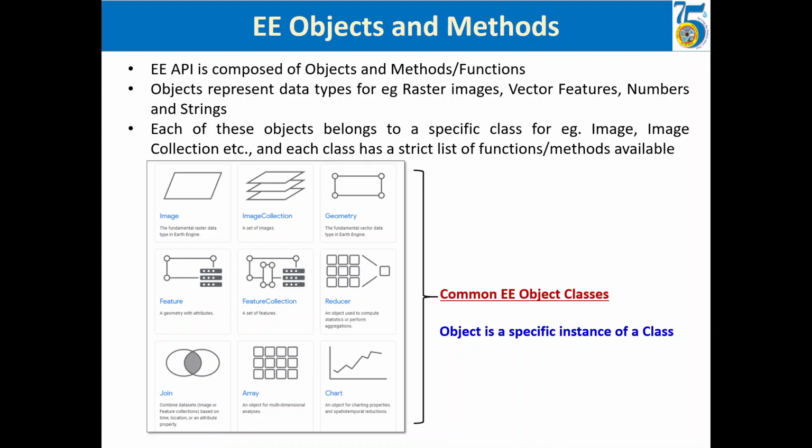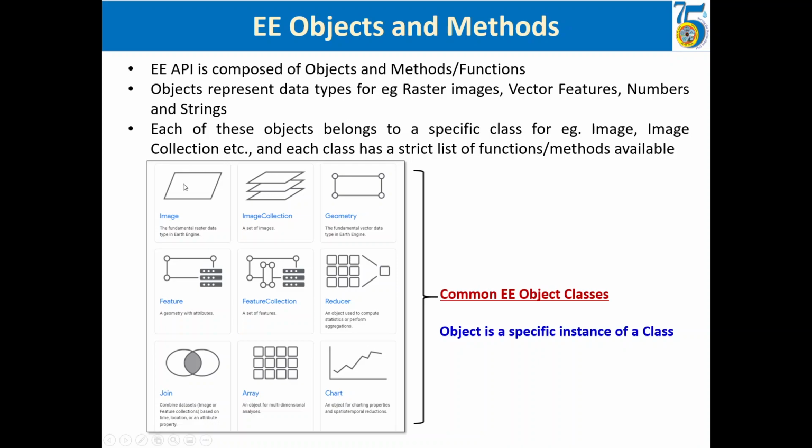So you need to know this difference between the Earth Engine object and the JavaScript object. And each Earth Engine object class has a strict list of methods or functions which are available, which you can apply, which you can make use of in the code editor script. You can apply them for doing the analysis.